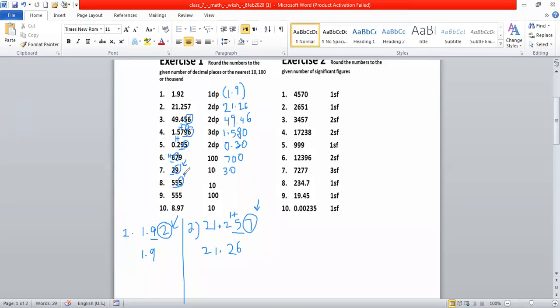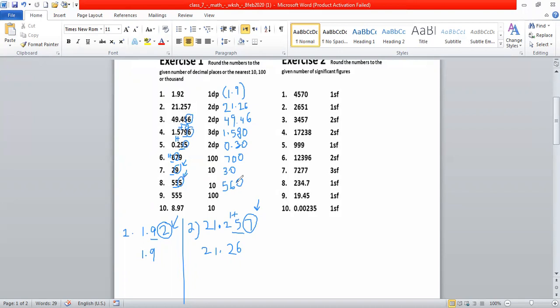So if you see this number is equal to 5, so 5 plus 1 is 6, so 560. So if you remember the last rule to identify which digit is significant: rule number 5 is that in a whole number, the last 0 after a whole number may or may not be significant.